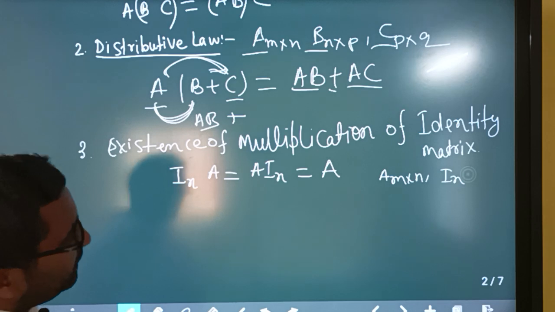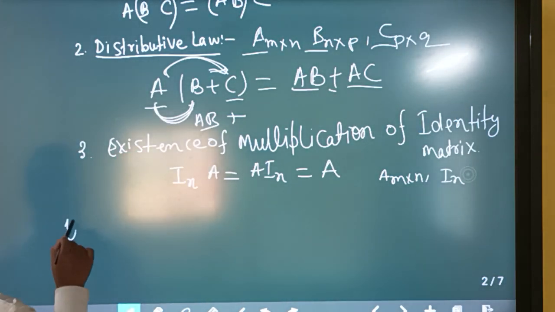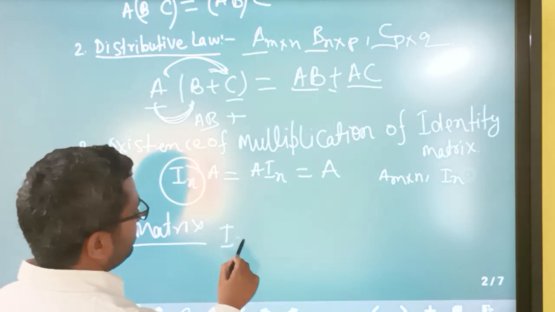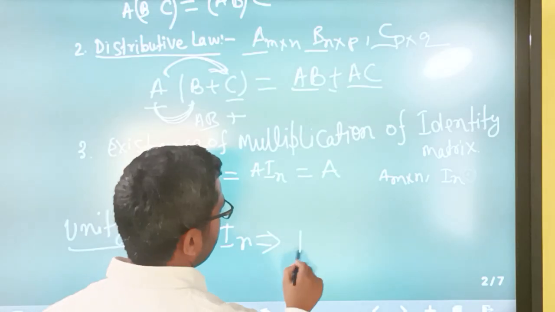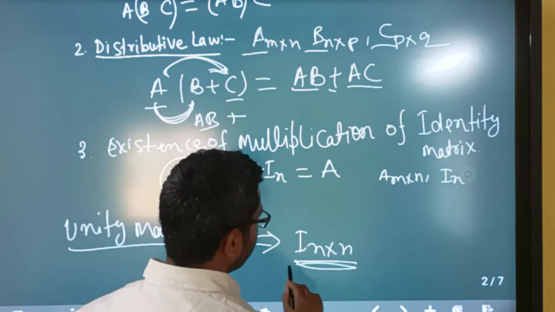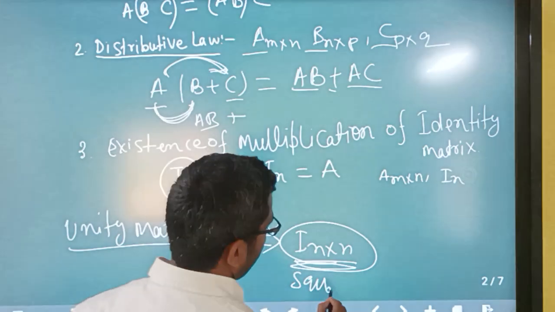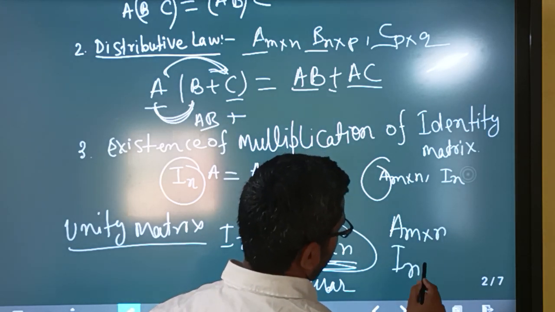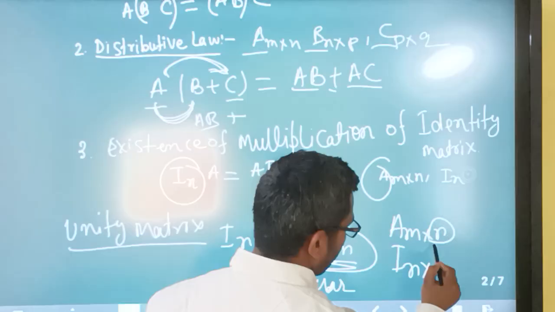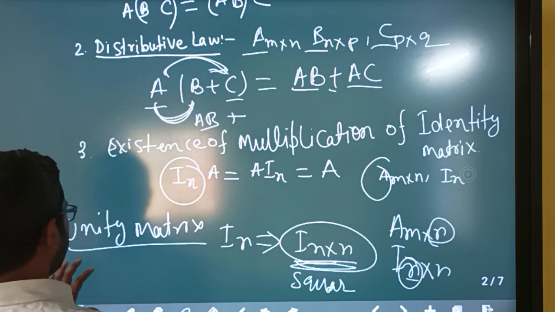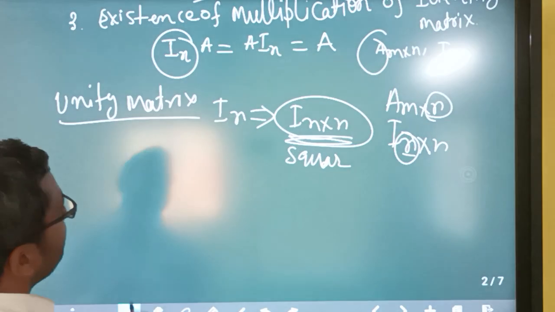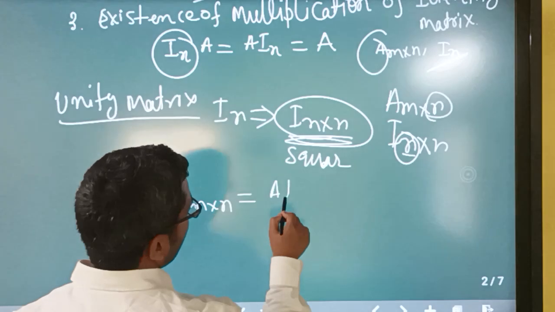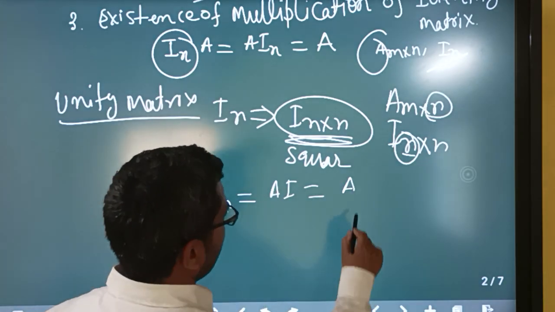The third is the existence of the identity matrix for multiplication. The identity matrix is the unit matrix, with the symbol I. It should be a square matrix of order n cross n, where the number of columns and rows are the same. So if A is an m cross n matrix, then I times A equals A times I equals A, m cross n.